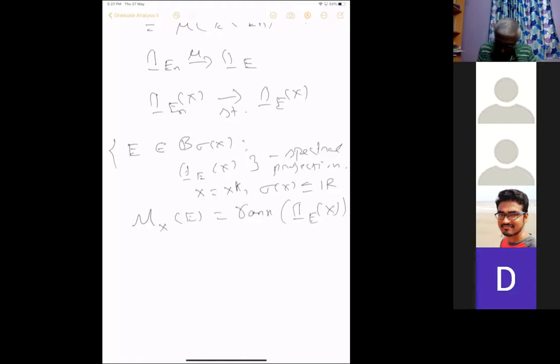This notation is flipped, so you may get confused sometimes. Here X is in the subscript and E is here; there the E and X are interchanged. But 1_E(X) is the right notation, because 1_E is the function and 1_E of X is the projection. Here he is using this, and I am using this because it will be convenient for you to read the book. Okay, now we have the proposition.